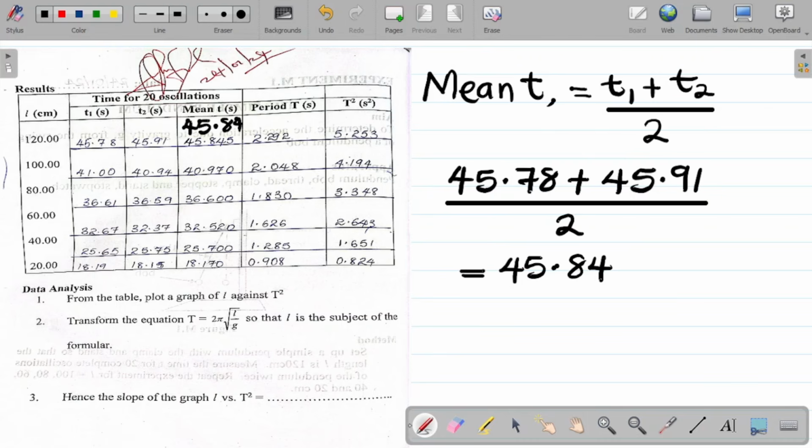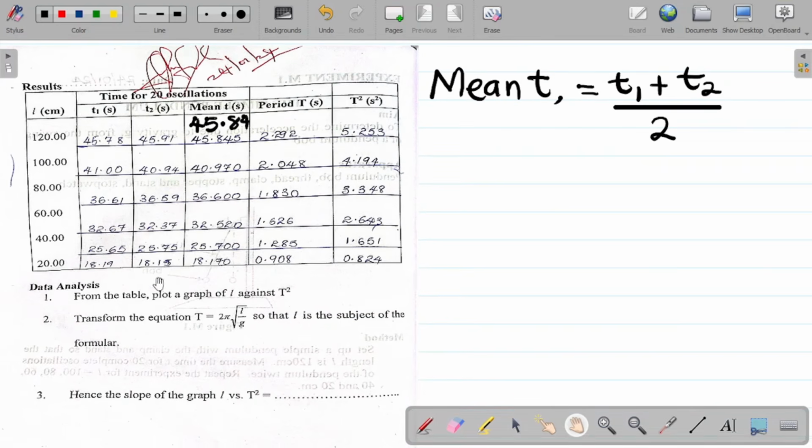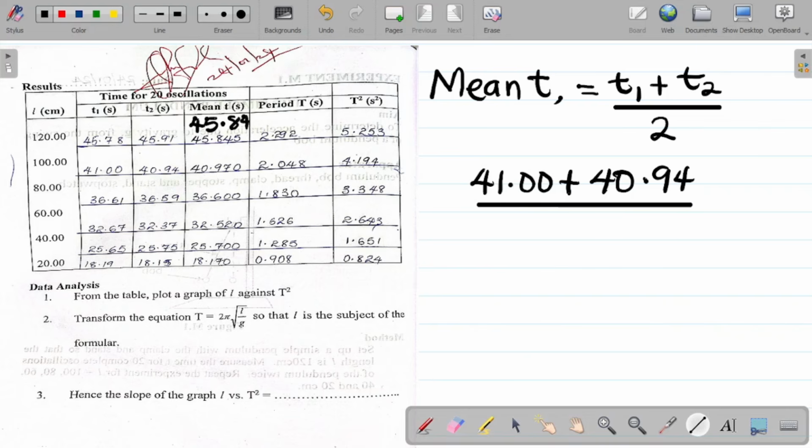So the second one, at L equal to 100, T1 is 41.00, T2 is 40.94. So we'll sum both of them and divide by 2. That becomes 41.00 plus 40.94 divided by 2.